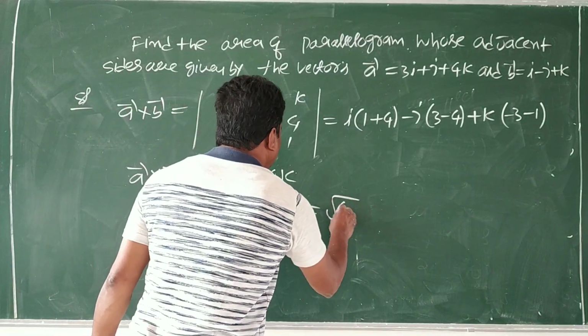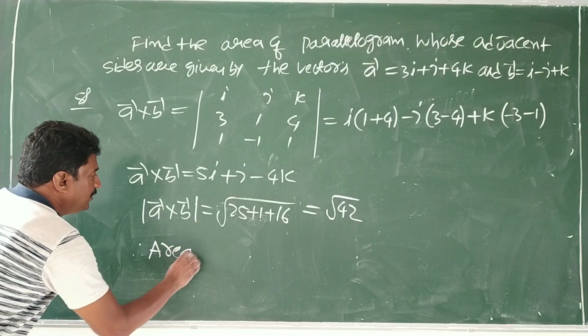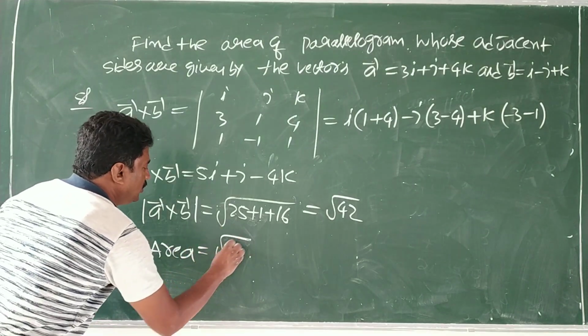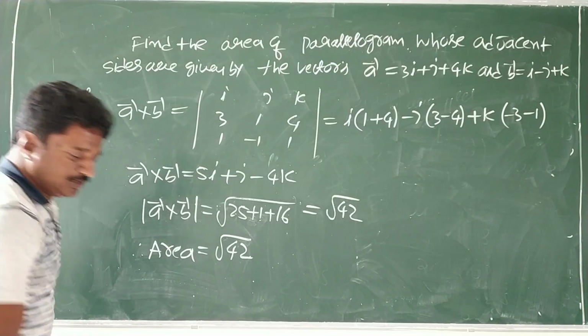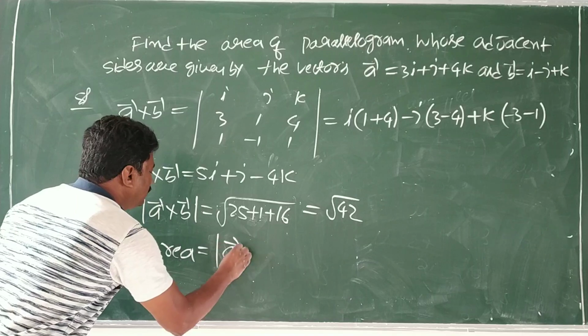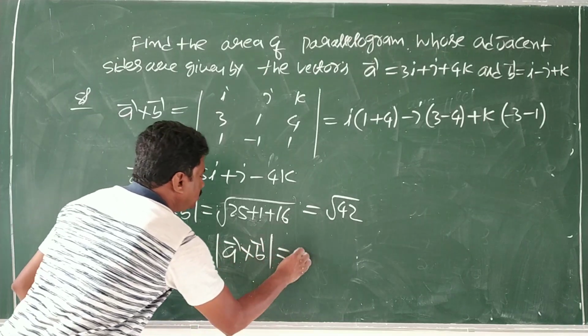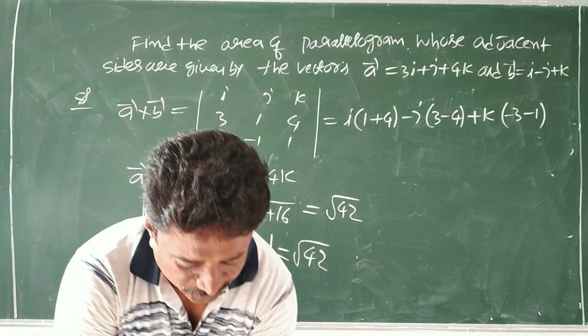Yes, root 42. Therefore area is equal to magnitude of A cross B, which is equal to root 42 square units.